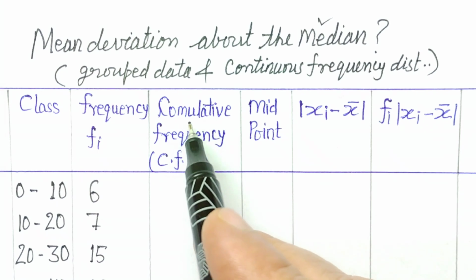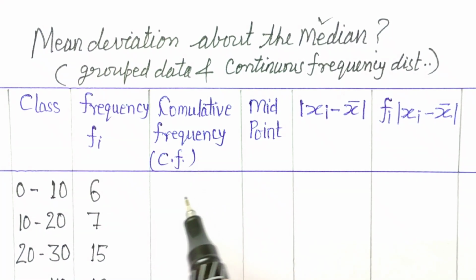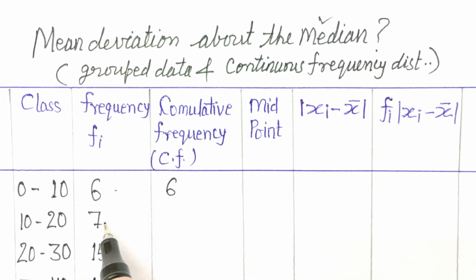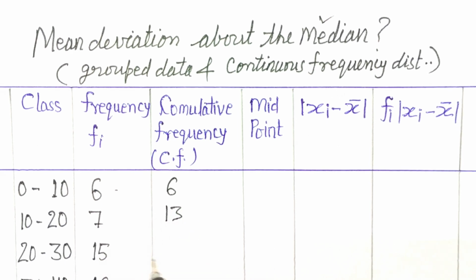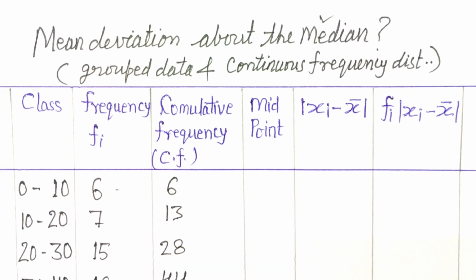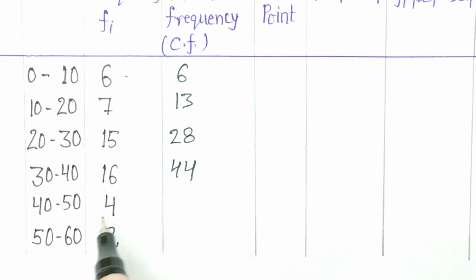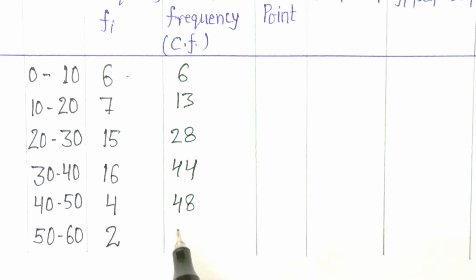Here we will determine the cumulative frequency, denoted by CF. So this will be 6, and then 6 plus 7, 13, 13 plus 15, 28, 28 plus 16, 44, then 44 plus 4, 48, plus 2, 50, right?